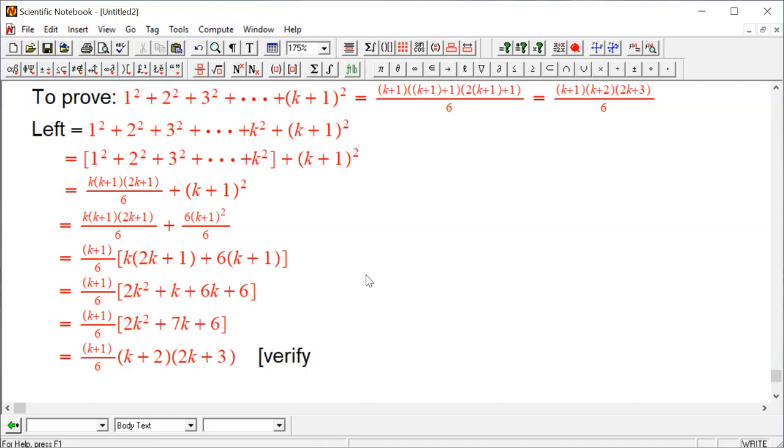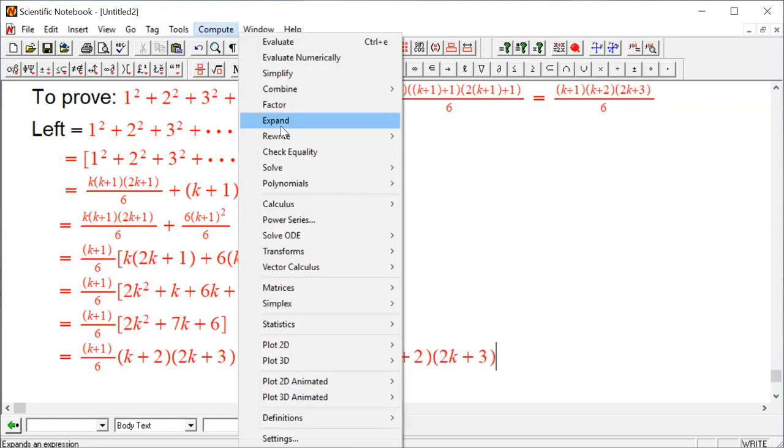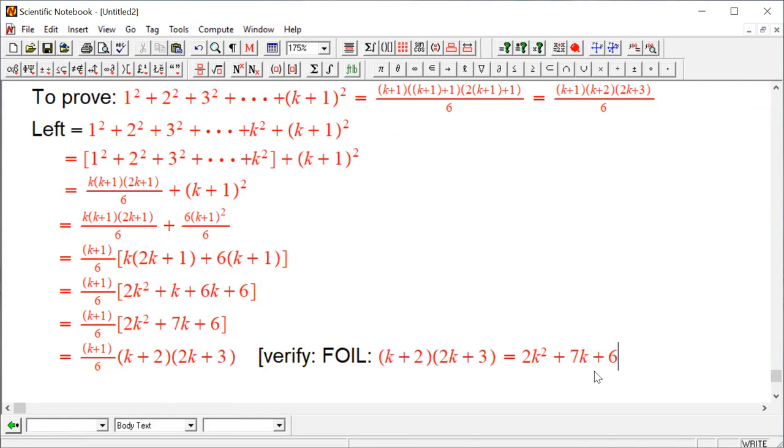You can verify. How do you verify? You take this piece, you FOIL that, and you should get 2k squared plus 7k plus 6, right? So that's pretty easy to verify. And we got the right-hand side.